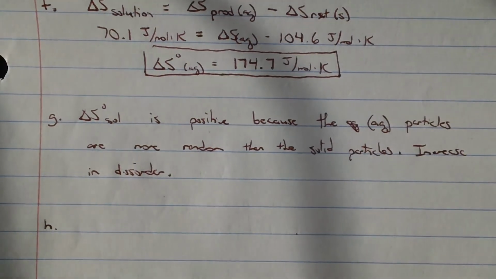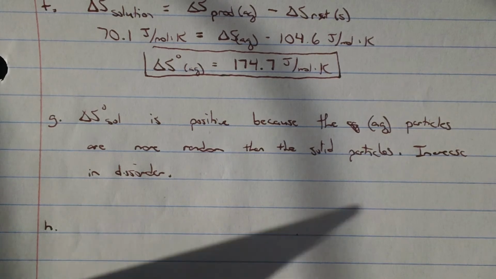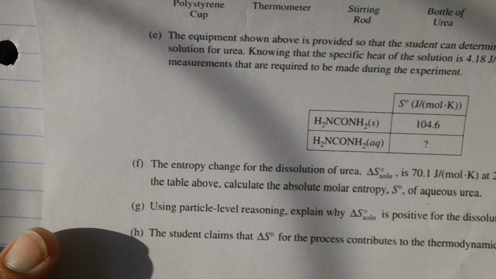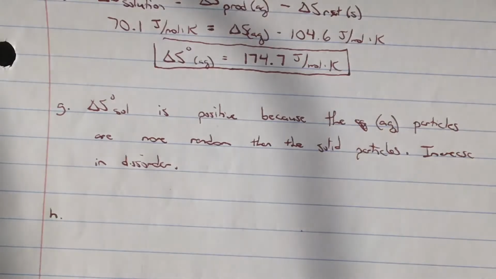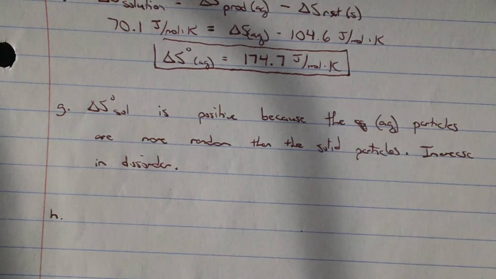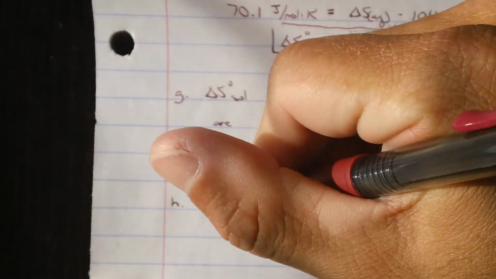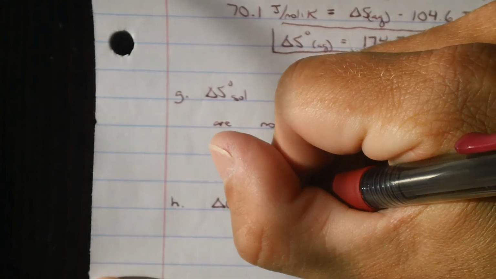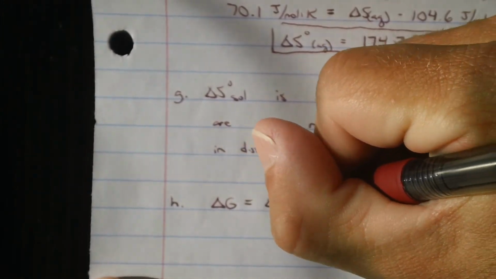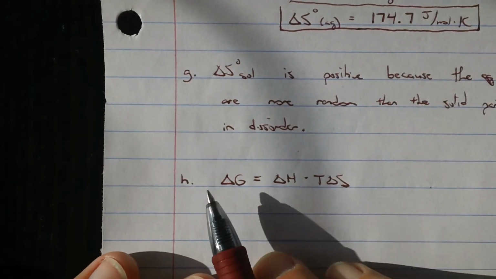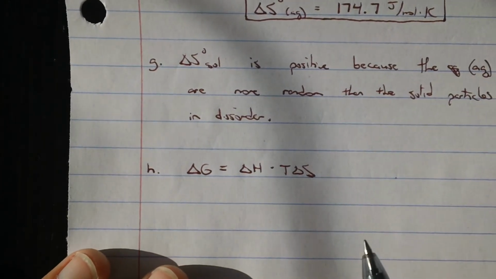And then part H, I got 1.5 minutes. Says the student claims that the delta S for the process contributes to the thermodynamic favorability of the dissolution, and asks you to explain why that is. This is back to thermodynamic favorability is all about delta G equals delta H minus T delta S, where delta G being negative makes it spontaneous or thermodynamically favorable.